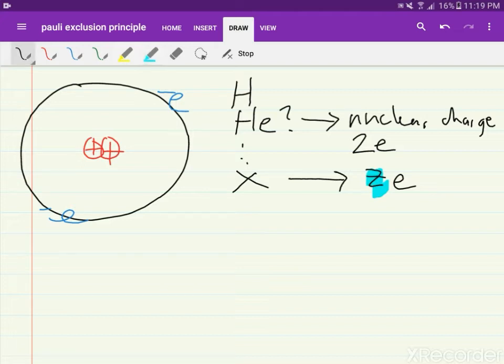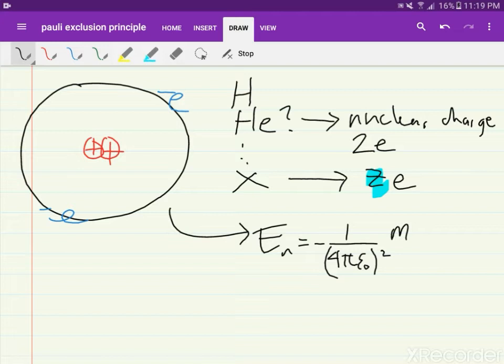So for our atom with Z protons, we can modify the energy to be minus, over 4 pi epsilon naught, squared.